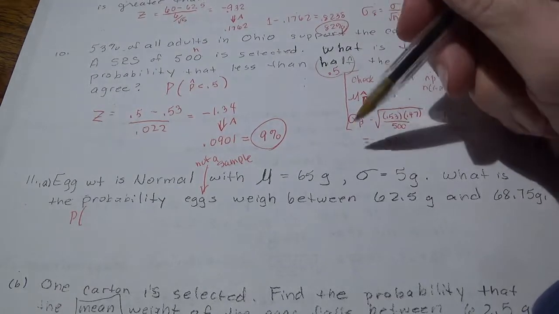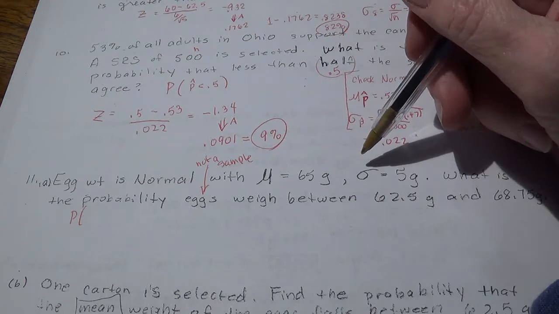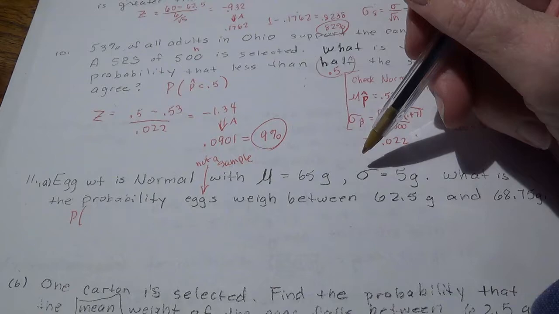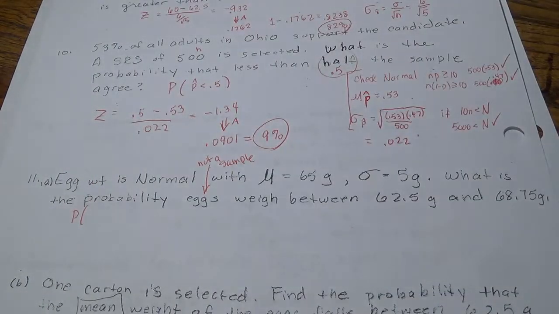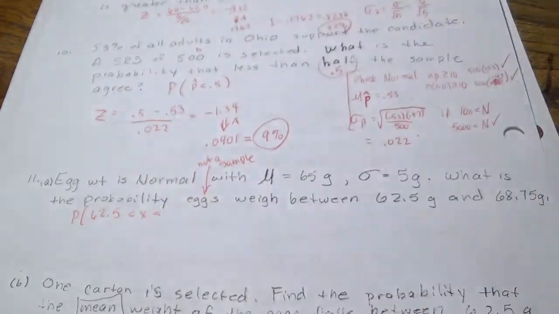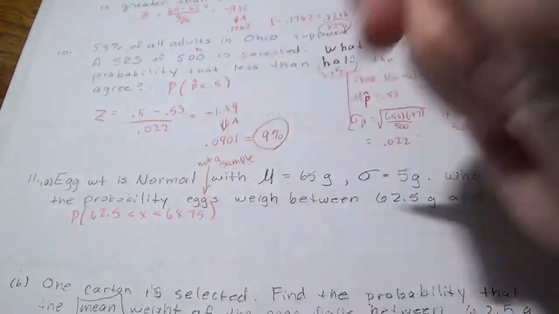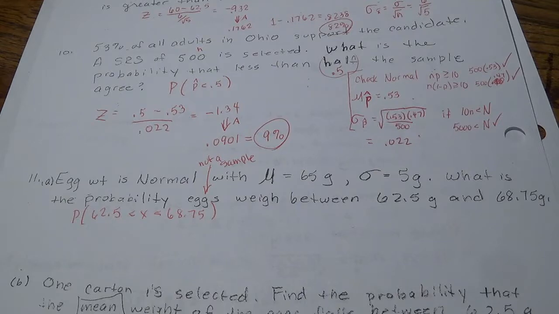There's no statistic involved in part A. They kind of tried to slip one in on us. It's just a random variable. So we have the probability that a random variable x, being the weight of the egg, is between 62.5 and 68.75. So there's nothing to check. We're just going to do it. It's just an oldie but goodie from chapter 2 or wherever we learn to do this sort of thing.